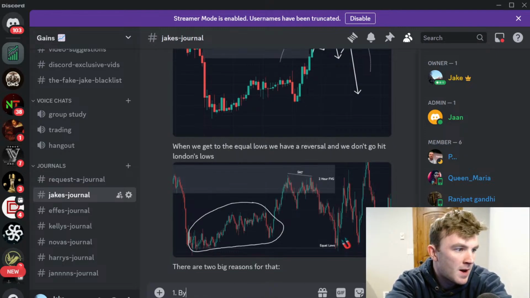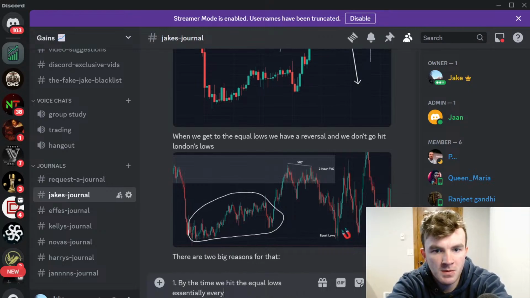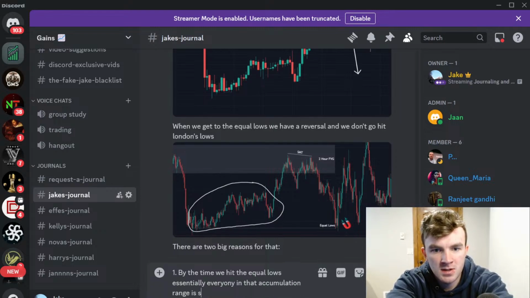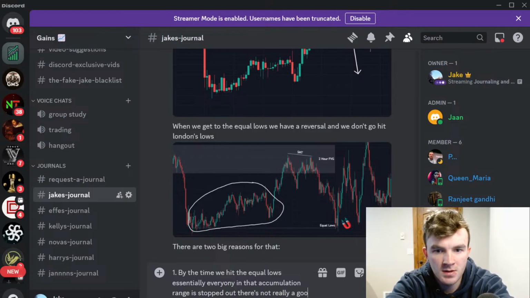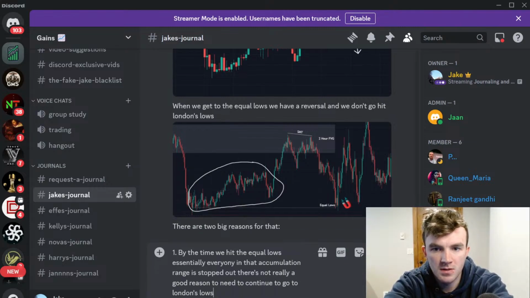One, by the time we hit the equal lows, essentially everyone in that accumulation range is stopped out. There's not really a good reason to need to continue to go to London's lows.